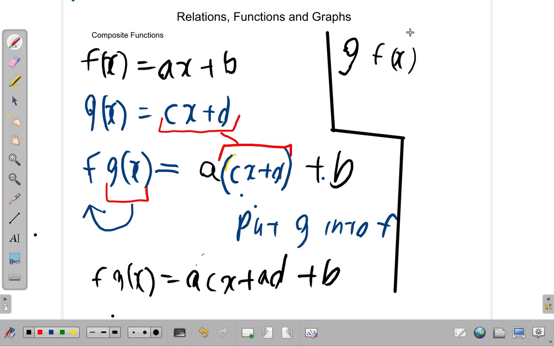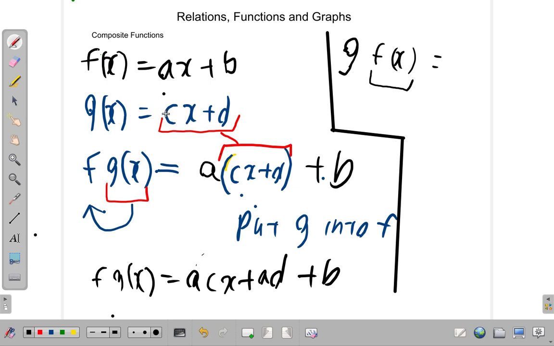In this case, remember, g of something means cx plus d. G of x means cx plus d. So g of something means c times that something plus d. Now, it's going to be g of this that we want. So, g of f of x.